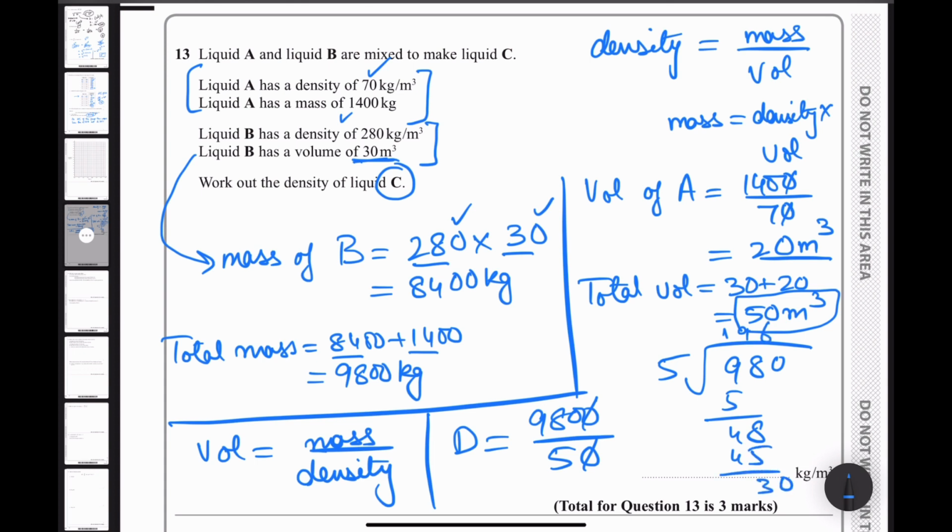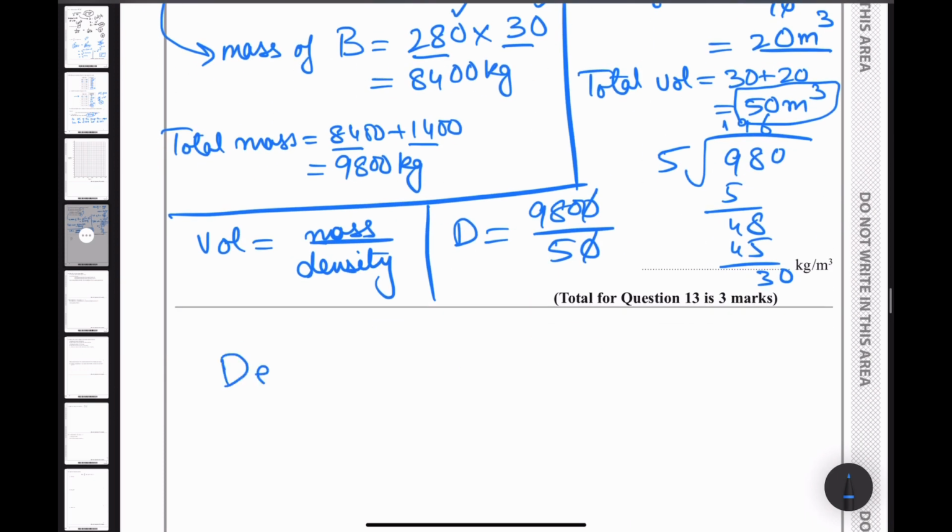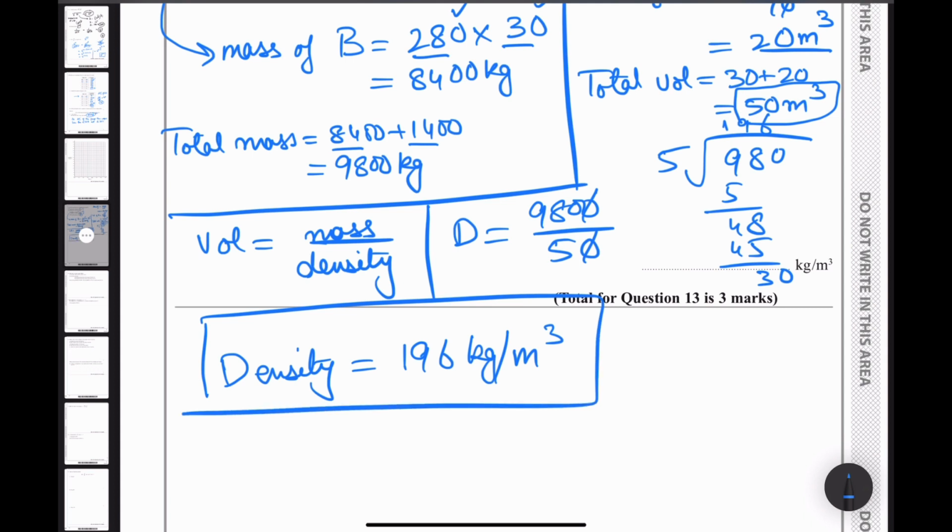So it'll become 196. So the density will become equal to 196 kilogram per meter cube. So that's how we'll find out the density of liquid C.